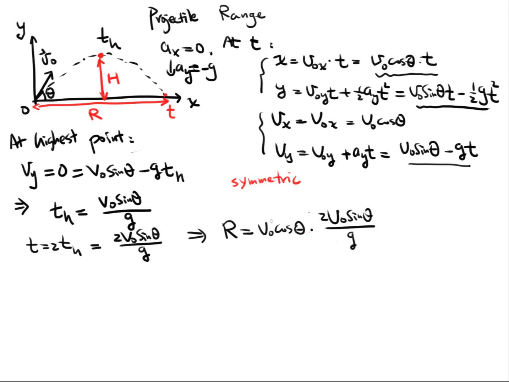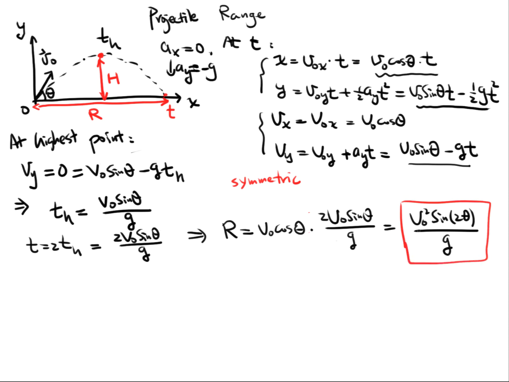Okay. So let's also use the trig function 2 sine theta cosine theta equals sine 2 theta. So we have v naught squared sine 2 theta divided by g. Okay, that's the range of this projectile's motion.